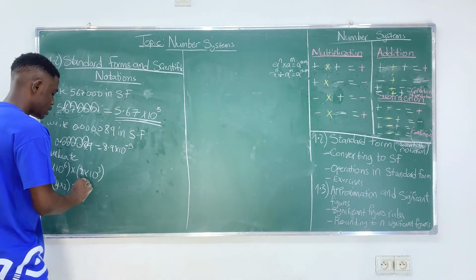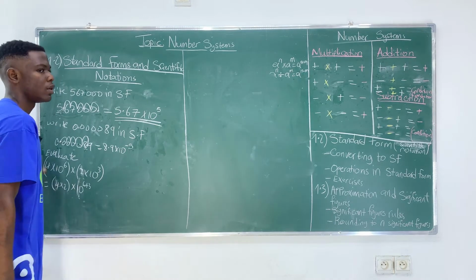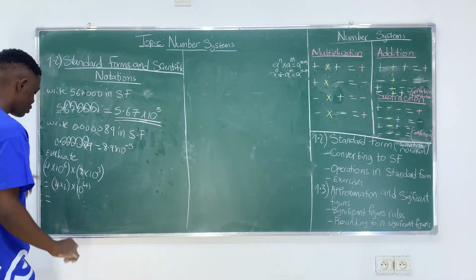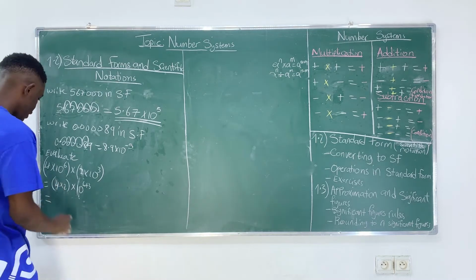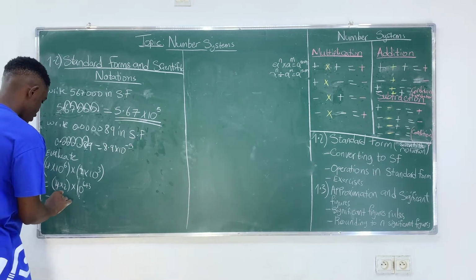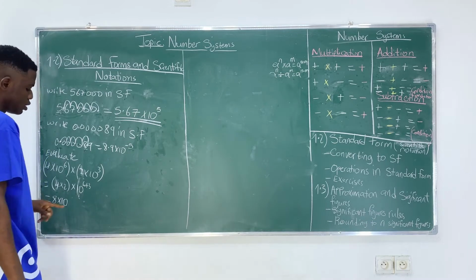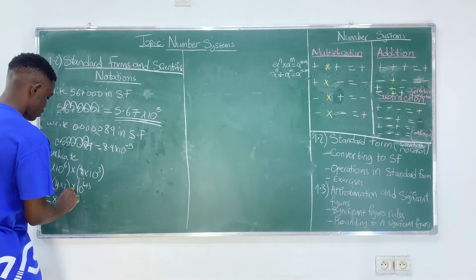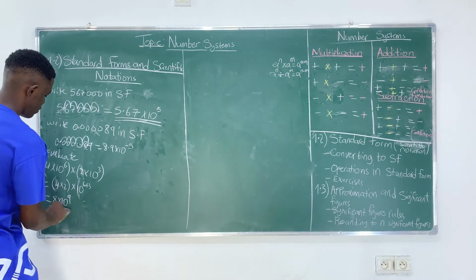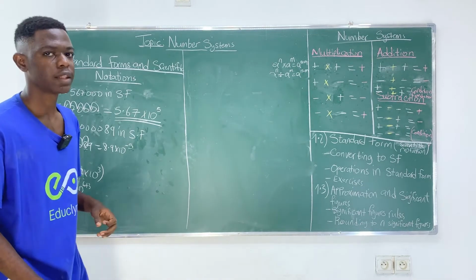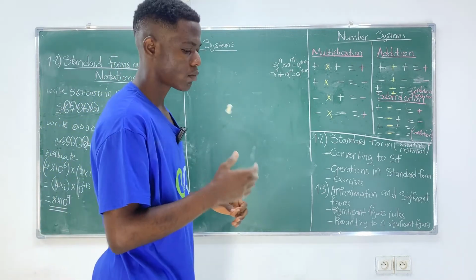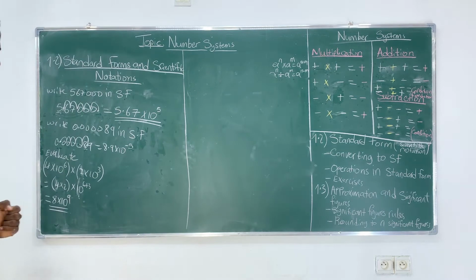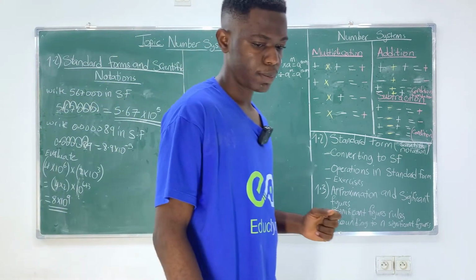So the powers are 6 and 3, 10 to the power 6 plus 3. We add powers. So what is 4 times 2? 8. 8 times 10 to the power 6 plus 3, which is 9. And that is it. So that's how you evaluate that.